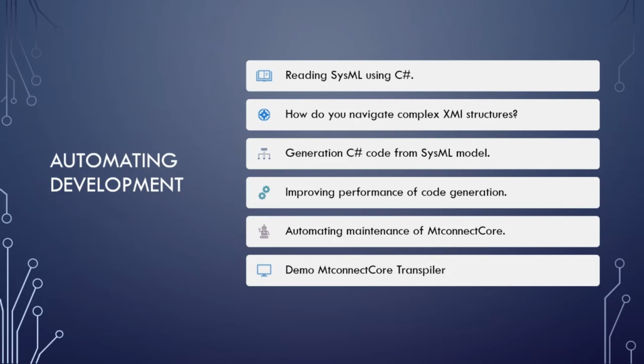The advent of our MTConnect core library and being able to generate this Excel report was fantastic internally. As I mentioned in the last slide, it was drastically able to improve our communications with our customers on what was wrong with implementations. But as a developer, there was the fear of falling behind the MTConnect standard.